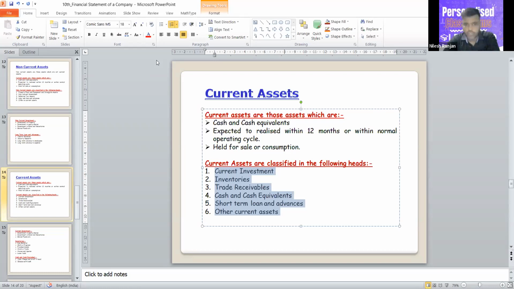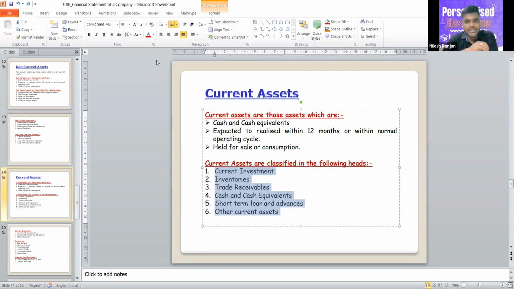The third is trade receivable. In trade receivable, two items are included. The first one is debtors, and the second one is bills receivable. These two are related to our credit sale. When we sell our goods, it can be on cash basis or on credit basis. If it is on cash basis, there is no problem.